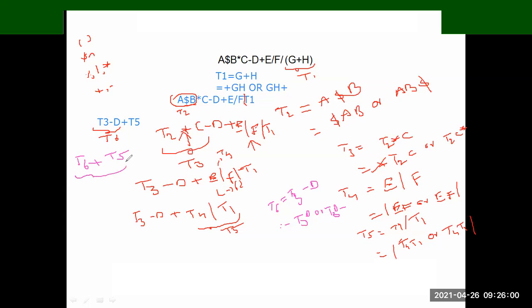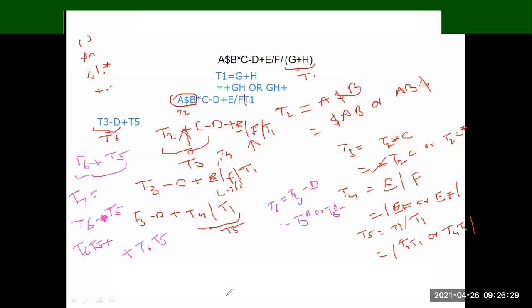So T7 equals T6 plus T5: for postfix, T6 T5 plus, and for prefix, plus T6 T5.